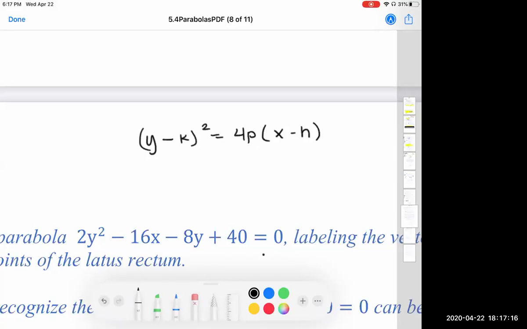Now, we write the equation because our y is squared, put your y's together. So I want this and our 2y on the same side. Everything else, move it to the other side. So plus 16x, move it to the other side. What else? The 40, move it to the other side, minus 40. That way you can get rid of it. So you only have your y's on one side.